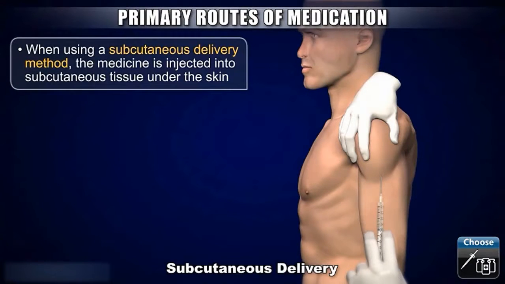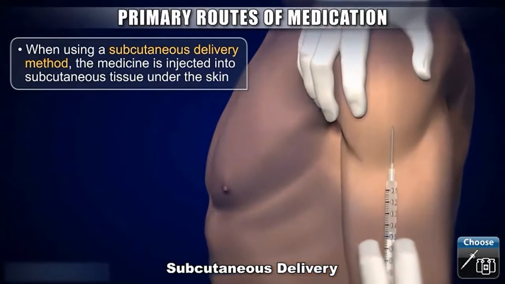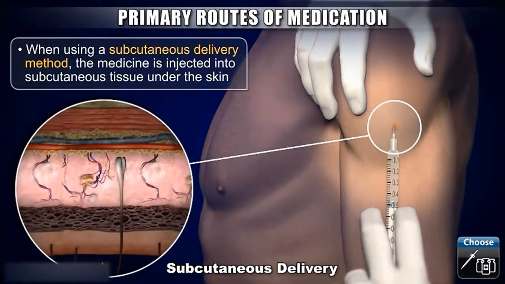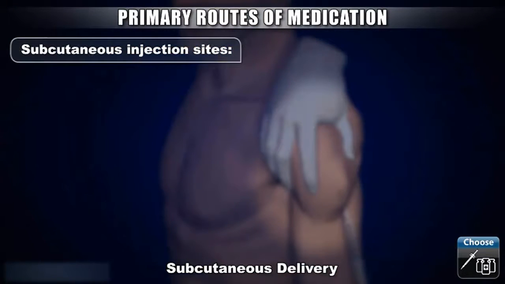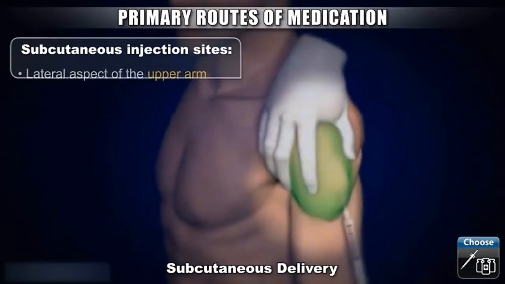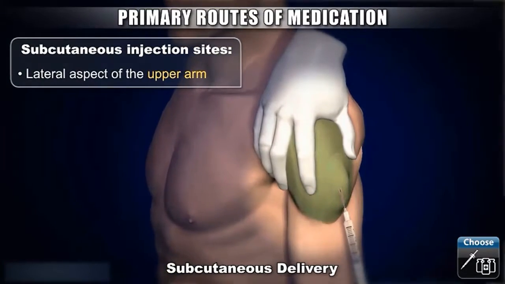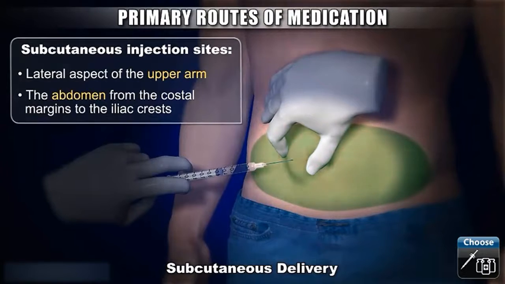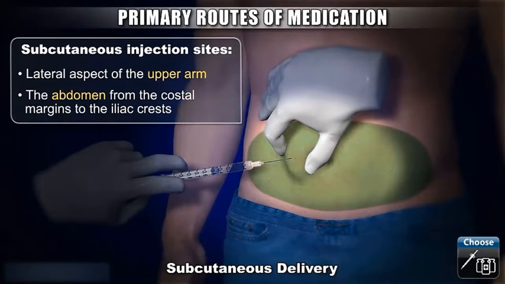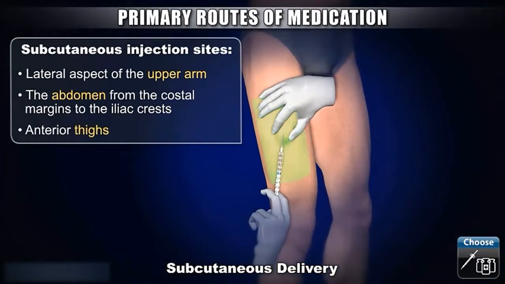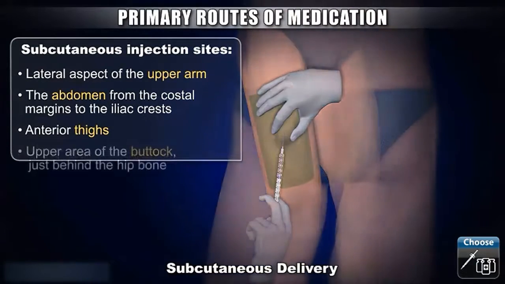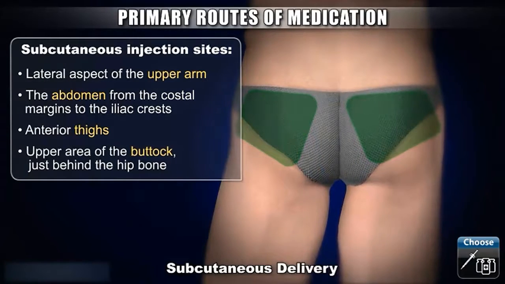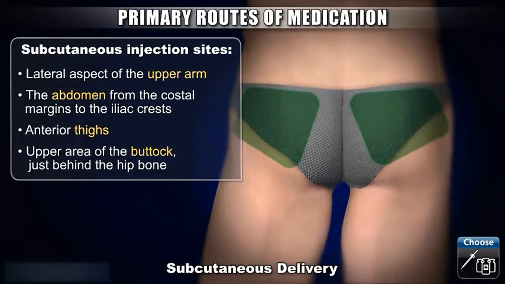When using a subcutaneous delivery method, the medicine is injected into subcutaneous tissue under the skin. Common subcutaneous injection sites include the lateral aspect of the upper arm, the abdomen from the costal margins to the iliac crests, the anterior thighs, and the upper area of the buttock just behind the hip bone.